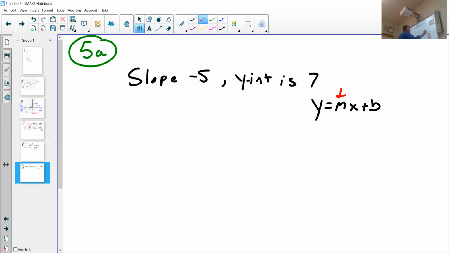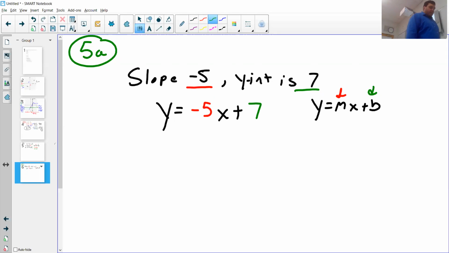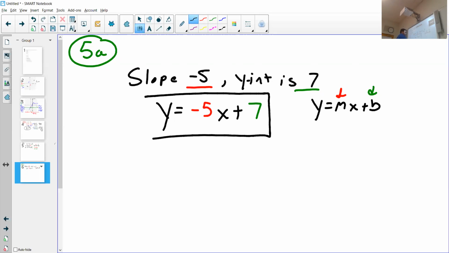Remember, m is my slope and b is my y-intercept. So if they told me my slope and they told me my y-intercept, I can just plug it in. y equals -5x plus 7. This is an equation of the line, and it asked us to write an equation of the line, so we are done.